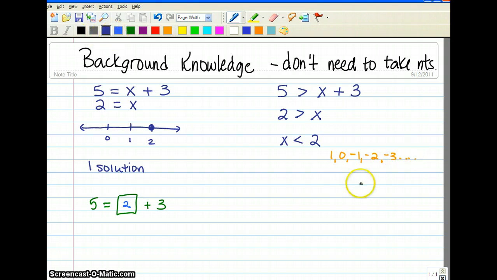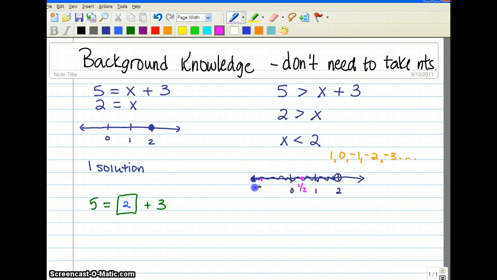So if I ask you to graph that solution set, we would say 2 doesn't work, so we'll put an open circle on it, but then we want to shade everything less than 2, and all those numbers will work. So what we should recognize here is that not only these whole numbers work, but a number like 1/2 is an answer.